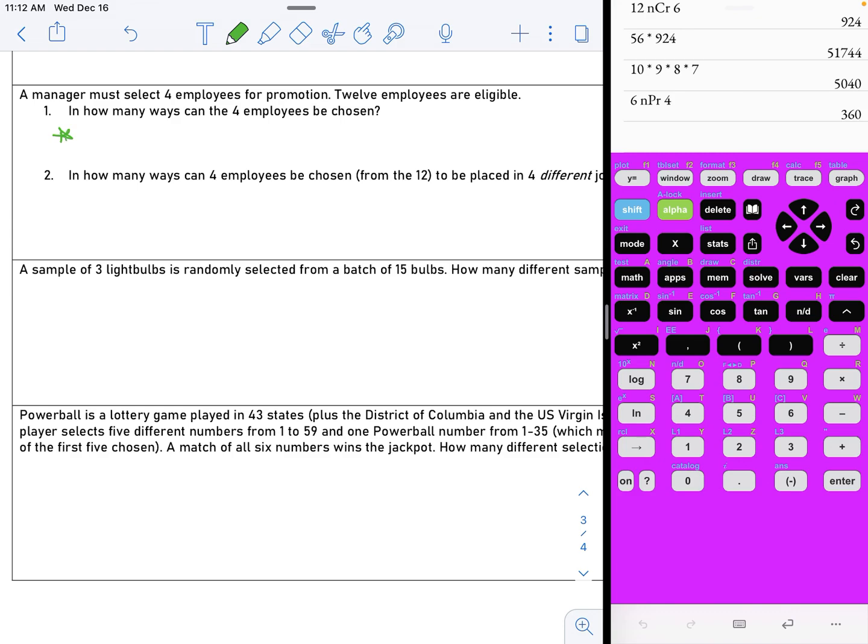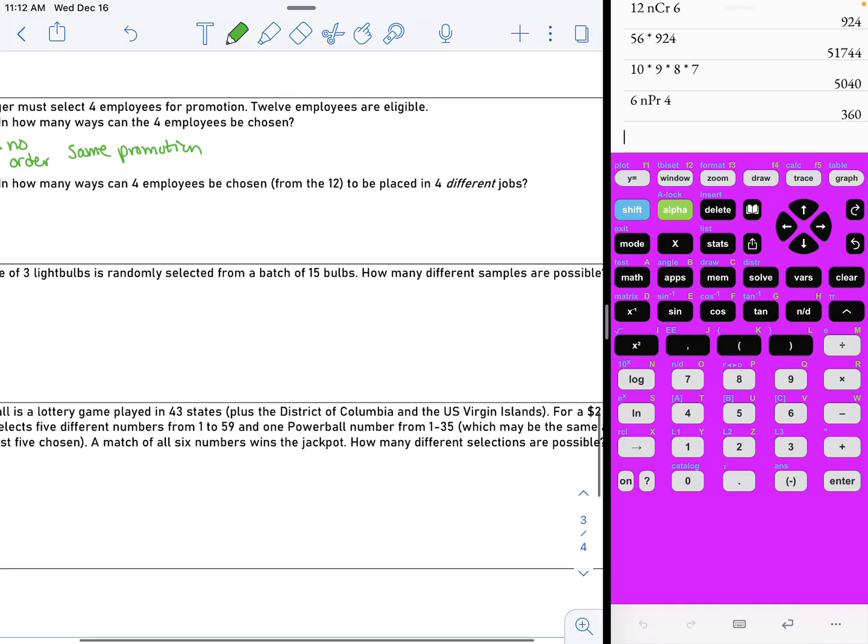In this part, it doesn't look like order is important. It's not like if I pick you first, you get a better promotion. They all get the same promotion. Since they all get the same promotion, that's going to be a combination of people, 12 total, and we're picking 4.